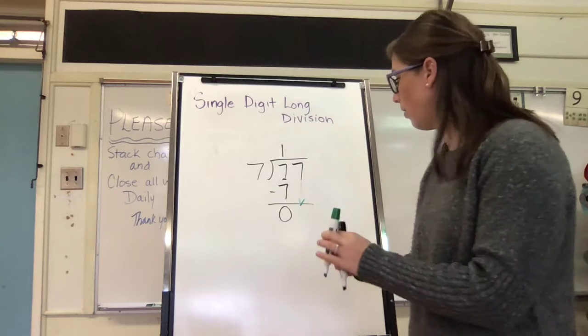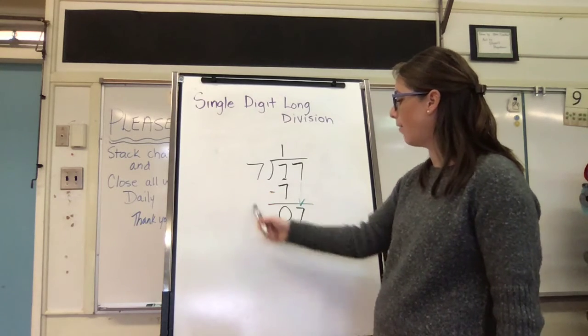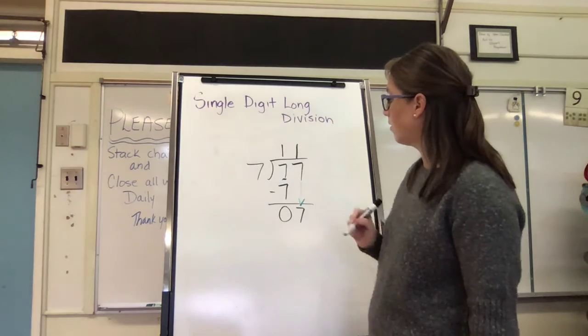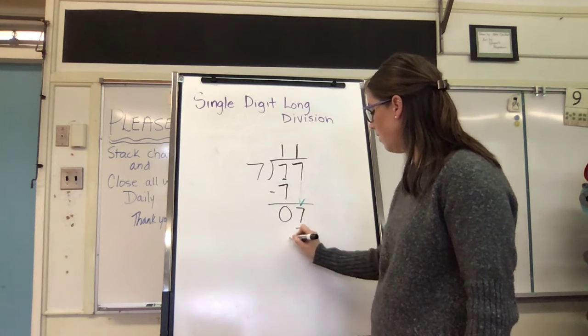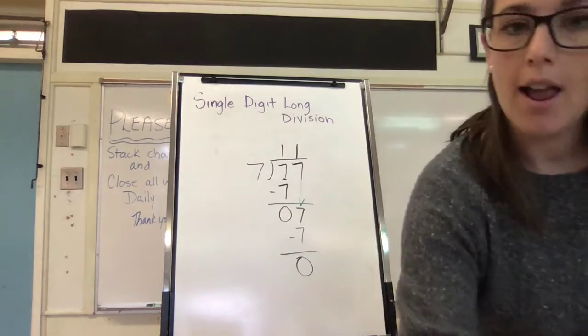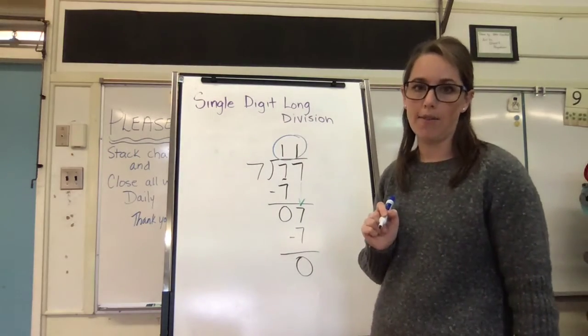Then we bring down the other 7. Again, how many times does 7 go into 7? Once. 1 times 7, 7. 0 remainder, and our quotient is 11.